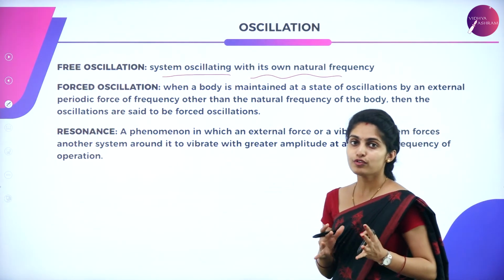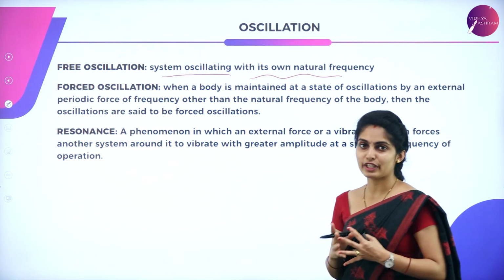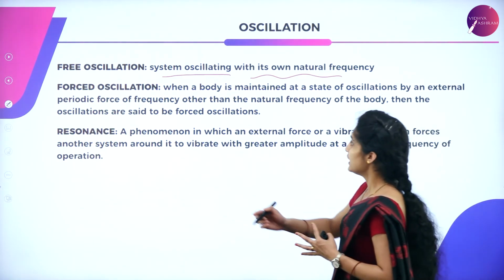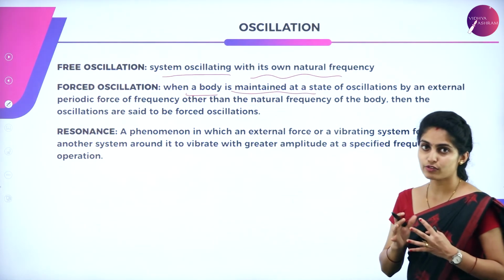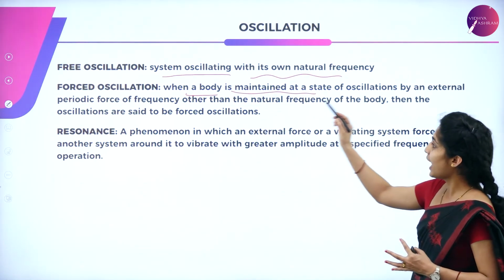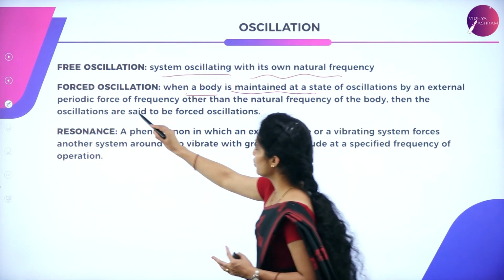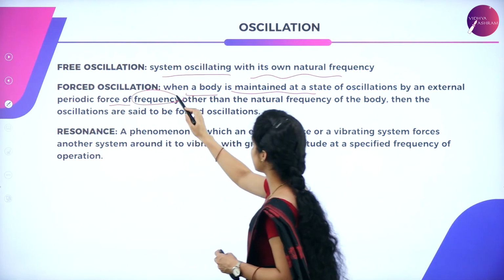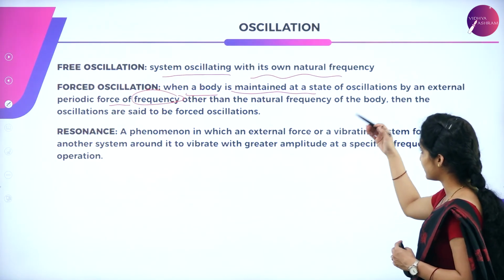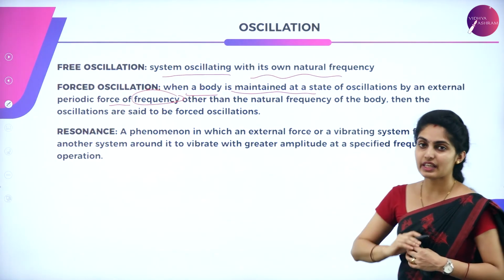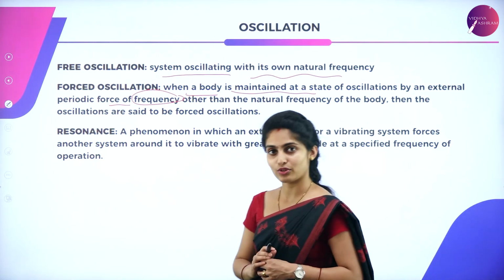Next we have forced oscillation. What is meant by forced oscillation? When a body is maintained in a state of oscillation by an external periodic force of a certain frequency other than the natural frequency of the body, the oscillations are said to be forced oscillations.